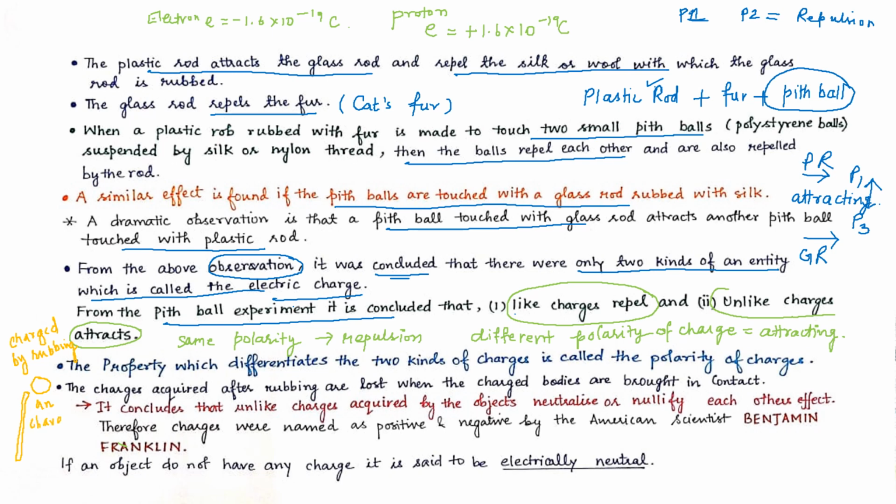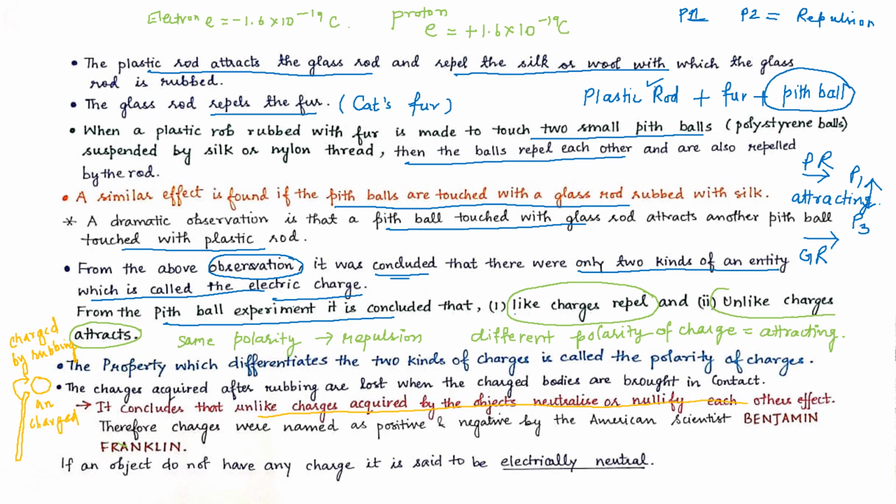What will happen? This rod will start giving its charge to the spherical body, and hence making the rod uncharged. It concludes that unlike charges acquired by the object neutralize or nullify each other's effect.